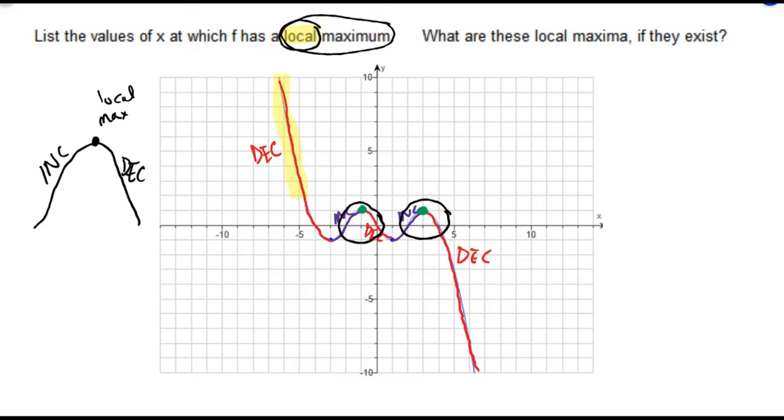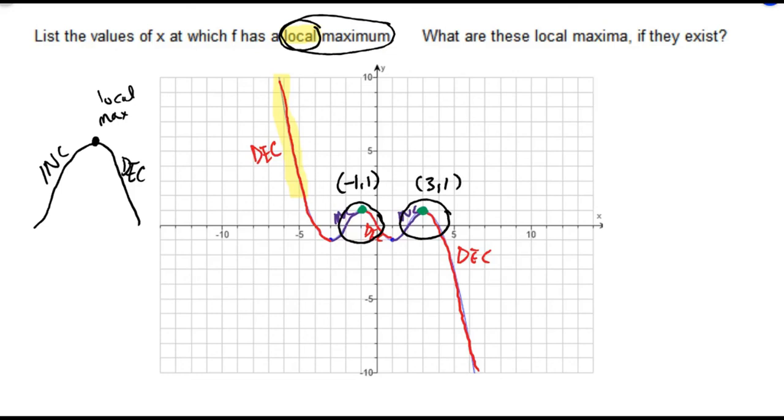So let's take note of the ordered pairs where we have these local maximum. This first ordered pair is (-1, 1), and the second ordered pair is (3, 1).